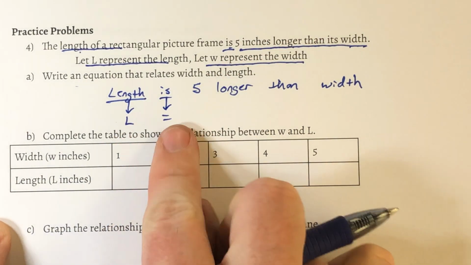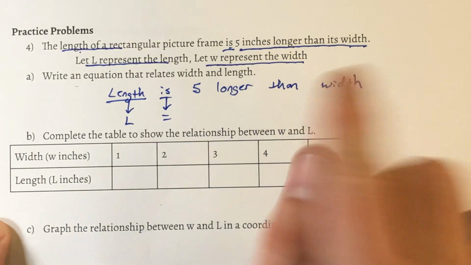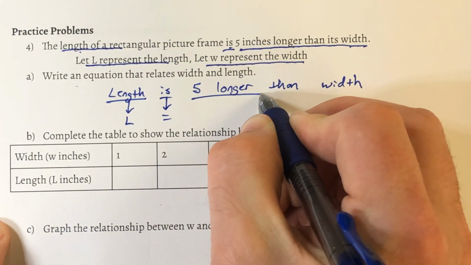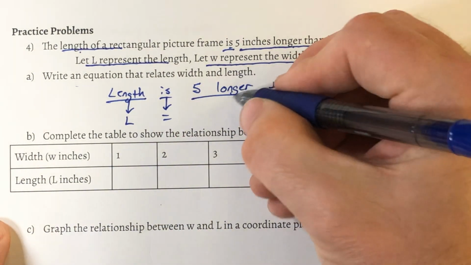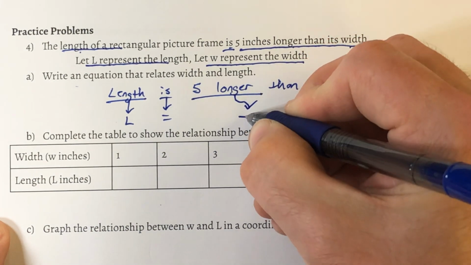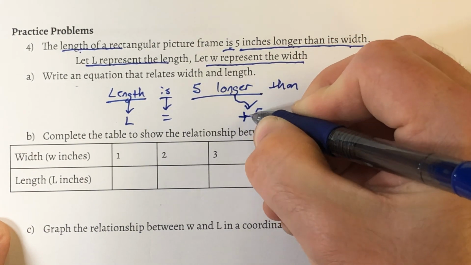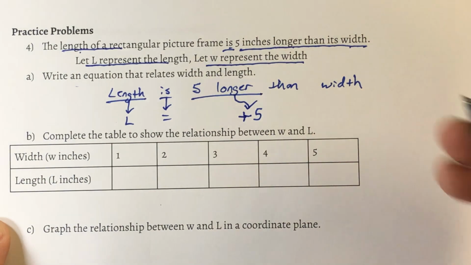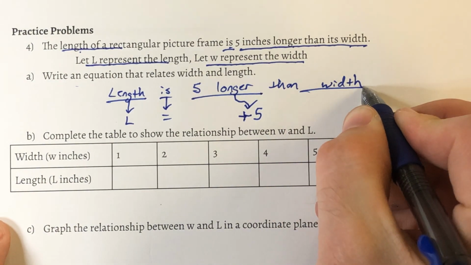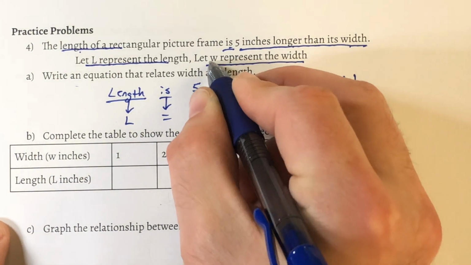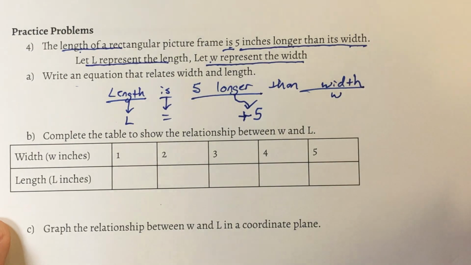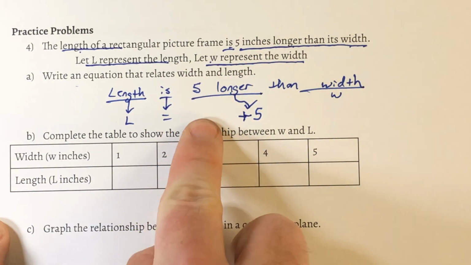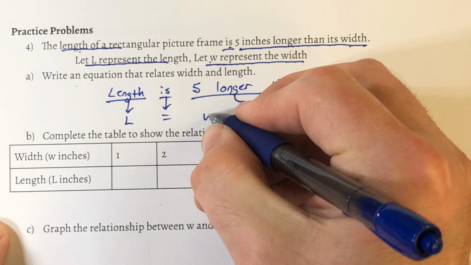So the length is equal to this. What is this? Well, 5 longer means like 5 more. So that means plus 5. So something plus 5. 5 more than what? The width. What is the width? It says lowercase w. So what am I going to do with that? I'm going to put it right there in front of the plus 5.